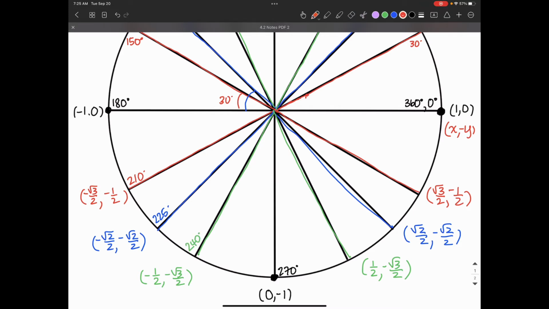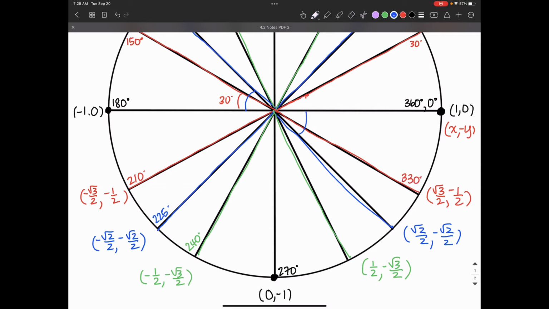And then going from here, this angle here is 30 degrees. So I want to find the positive angle going to it from the positive x-axis counterclockwise. If this is 30 degrees, I'm going to subtract that from 360 to get that this is 330 degrees.